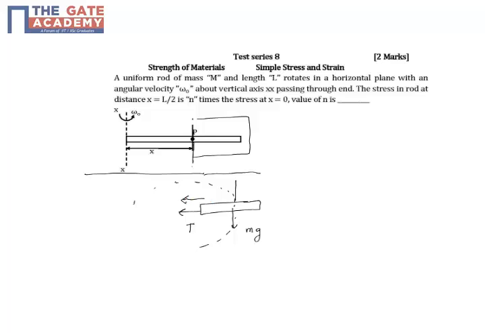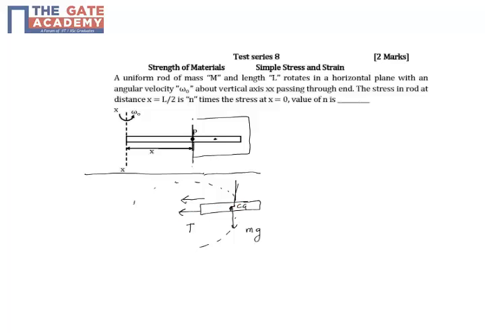We are interested in the normal acceleration, because the cause of that normal acceleration is the normal force, which is nothing but this tension T, and that ultimately leads to the stress. This assumes that the CG of this portion is at its center.